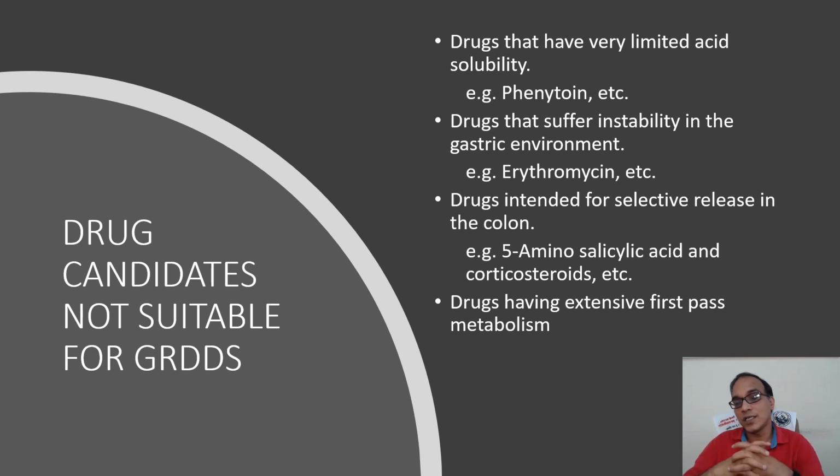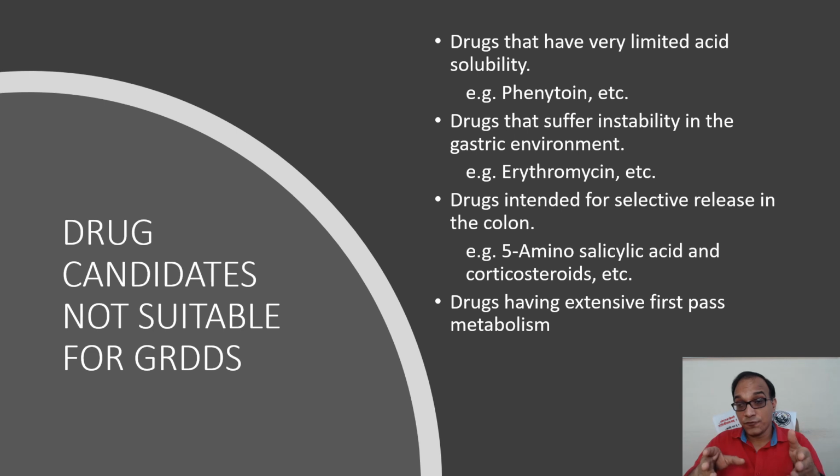So this we are going to address here: drugs that have very limited acid solubility must not be developed as GRDDS, like phenytoin. Next is drugs that suffer instability in the gastric environment like erythromycin. You should not go ahead with that. There is no rationale.